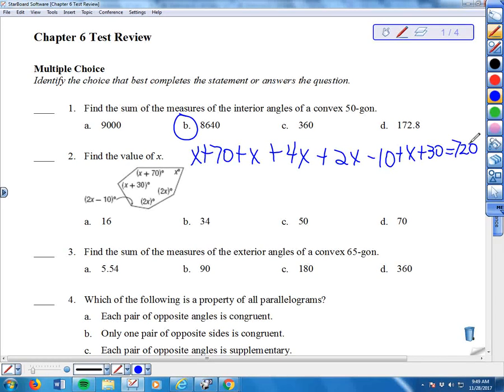So I have 9 x's, and then I have 70 minus 10 is 60, plus 30, 90. And then just take 720 minus 90 divided by 9. x is 70.